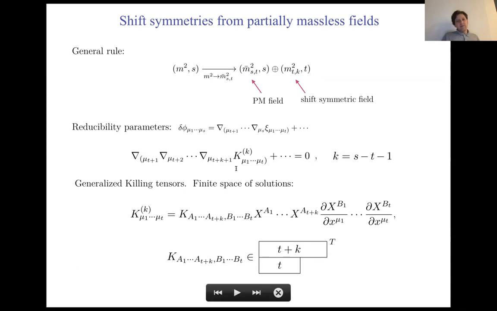The reducibility parameters, it turns out, are classified by generalized Killing tensors. There's a finite space of solutions to this generalized Killing equation, which is like the Killing equation with more derivatives, antisymmetrized. The space of solutions is parameterized by precisely this Young tableau that we saw parameterizing the shift symmetries earlier on. So this explains where these shift symmetries are coming from. They're just the reducibility parameters of the partially massless gauge symmetry that's coming in.